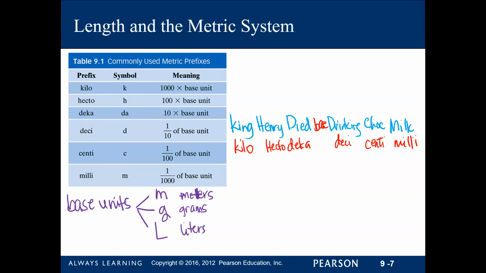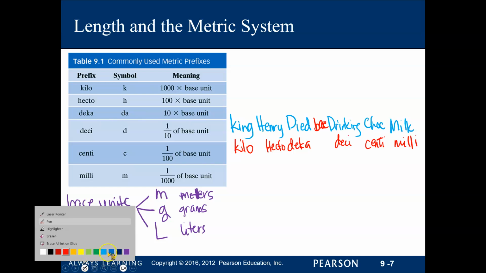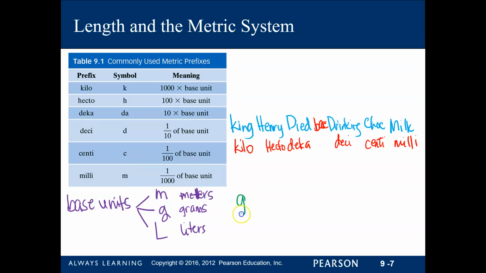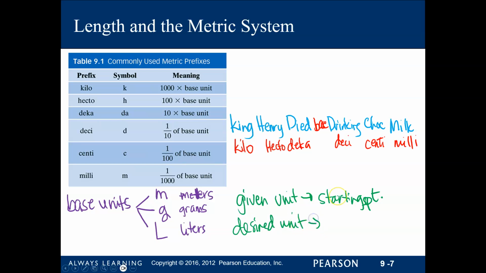Okay? Now, why is it easier to work it this way? Well, the nice thing with converting a metric system is whatever is the given unit, that's where you start. Given unit is your starting point, okay? And then the desired unit, you simply count how many movements you go from left to right.